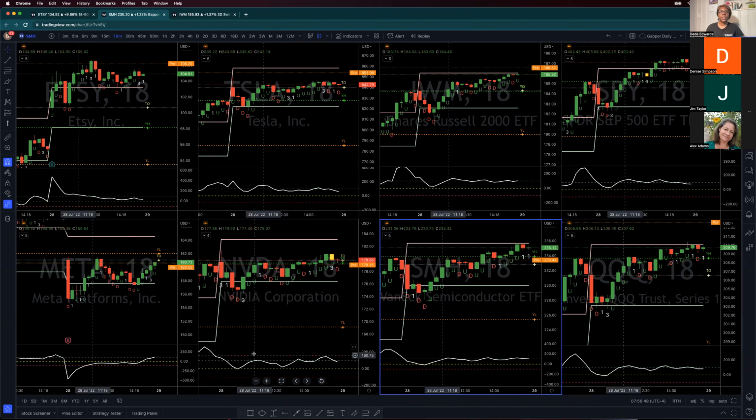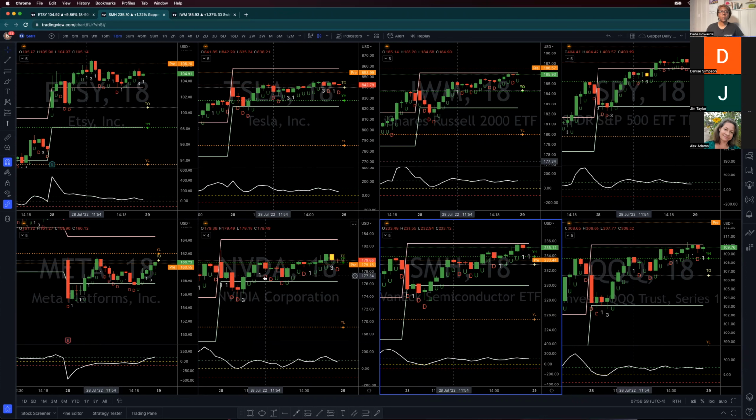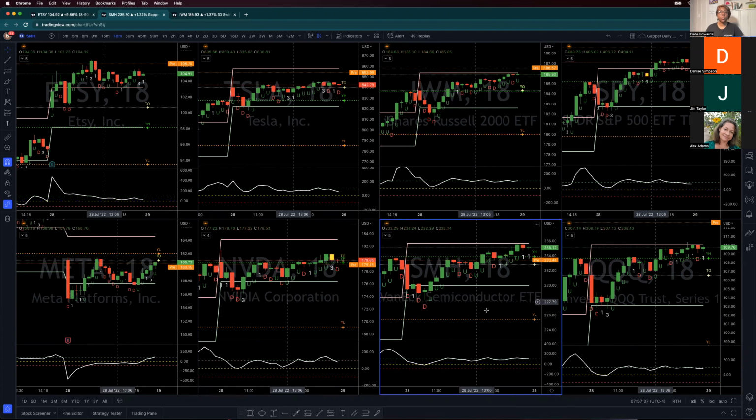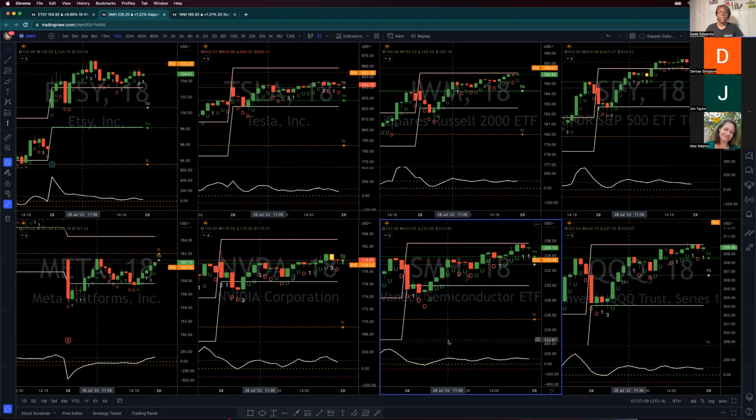So that's why I want you guys to start monitoring your CCI. When on the 18-minute flips, when CCI starts to change directions, market is probably reversing on you. You don't have to wait for that to happen, but you want to be aware. So here SMH went 2 up and then closed 2 down, reversal signal.